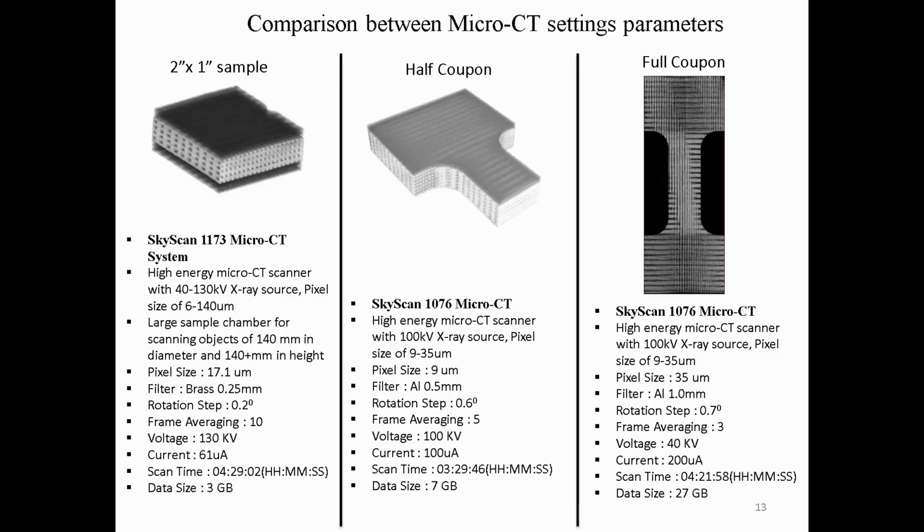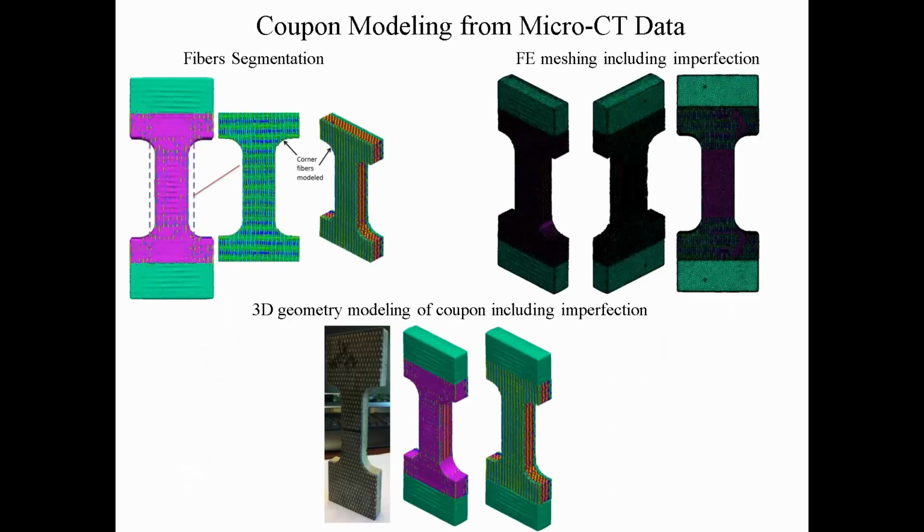When I'm going for a longer specimen, like a half coupon or the full coupon, which is 6 inches long and 0.6 inch thick, I'm using the SkyScan 1076, and you can see all the specifications of each micro-CT system. To reduce the model size, I use the half coupon model, and because of the symmetry, I copy it to make the full coupon model using those image data.